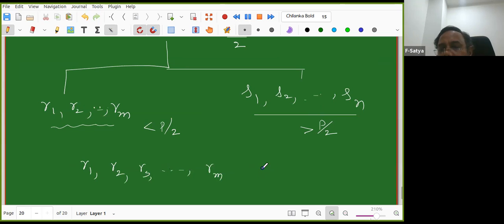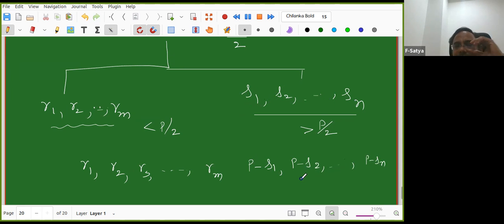You will see the textbook, and without my help you can easily understand. Here, the beautiful step they made, a very, very great step, is that they subtracted from P: P minus S_1, P minus S_2, and so on, P minus S_n. Now what can we say about these numbers?